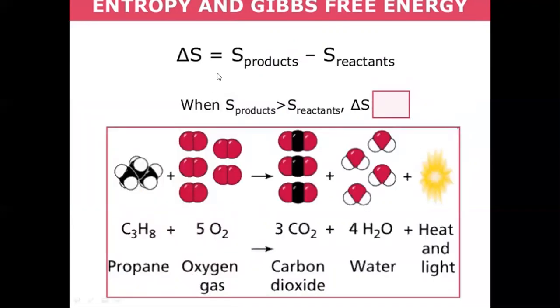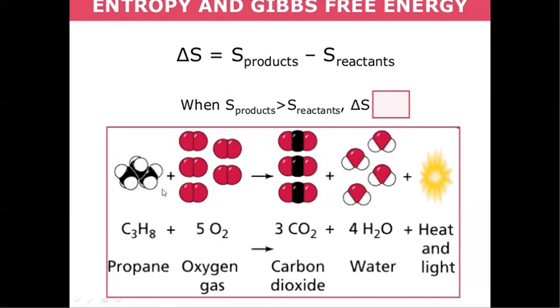Here we are measuring the entropy change delta S, which equals the entropy of products minus the entropy of reactants. This is an example. One mole of C3H8 is reacting with 5 moles of oxygen, giving 3 moles of carbon dioxide and 4 moles of H2O, and heat and light.